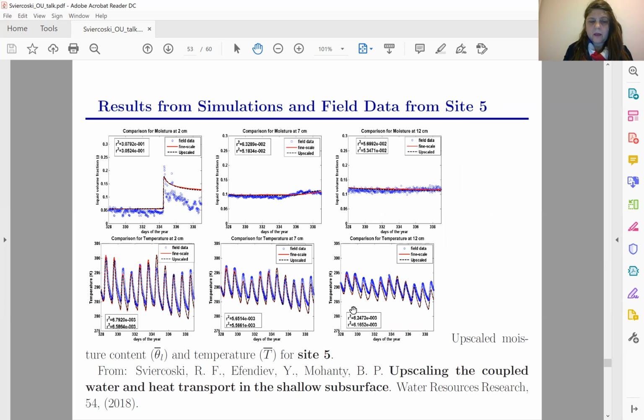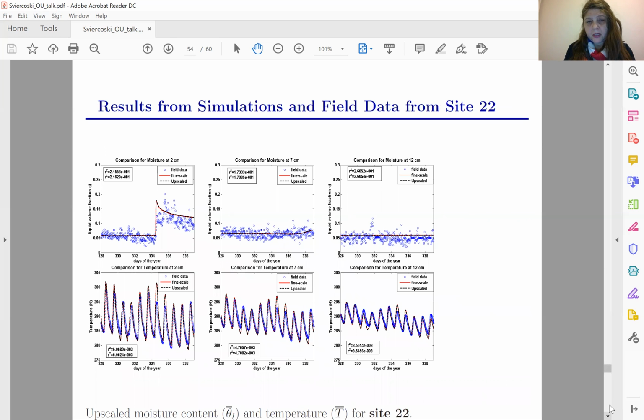My colleague Binayak Mohanty has extensive collaboration with NASA in data mining, so we had some experience in how to use this data in this experiment. And here is checking again water pressure or moisture, and this is how we managed to capture also the variation in the temperature, in the very near subsurface.